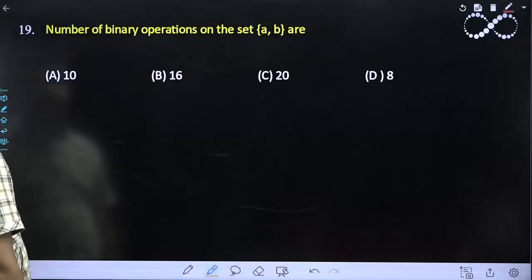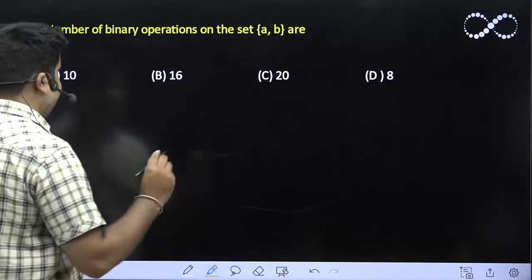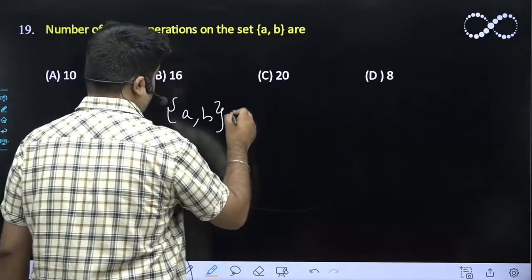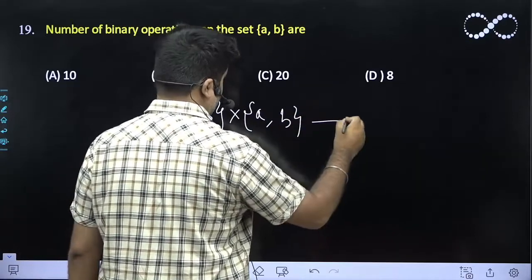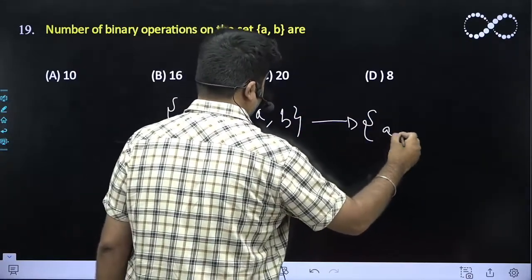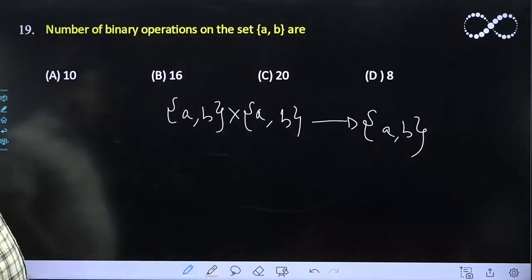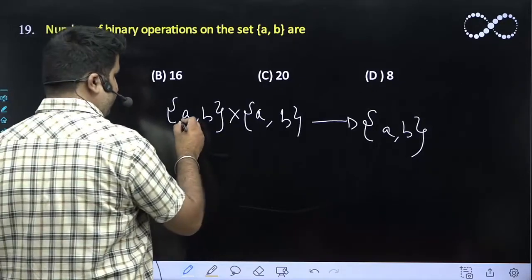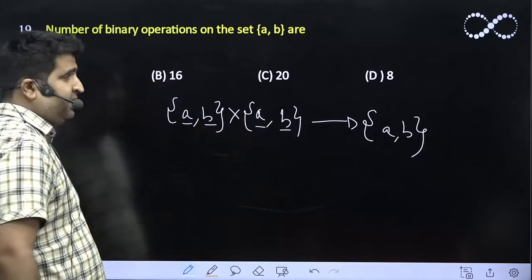Number of binary operations on the set {a, b}. Now see, we have to tell how many binary operations are possible in this case. Okay, so we have 4 possibilities here, a for (a, b) and (a, b), right?